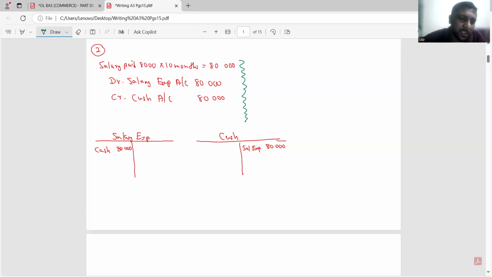Now here in this particular question also, salary paid only for 10 months. Salary to be paid, 8,000 into 2 months, that means lamai 16,000. So this is what people call accrued salary expense, if not salary expense payable.